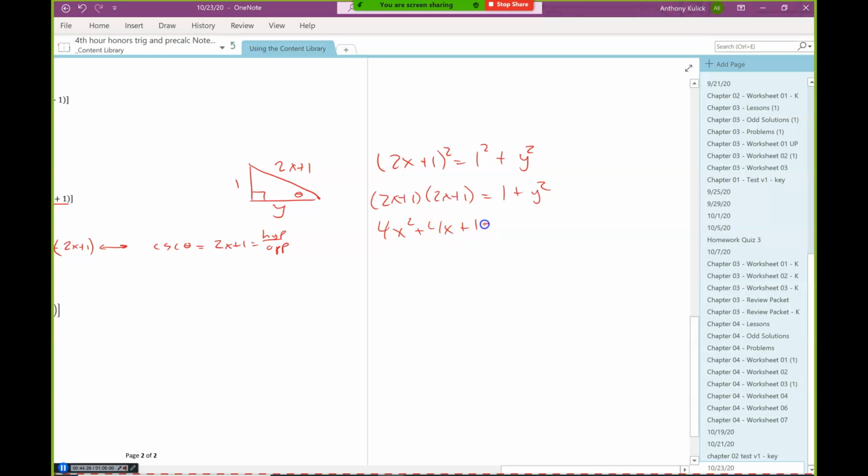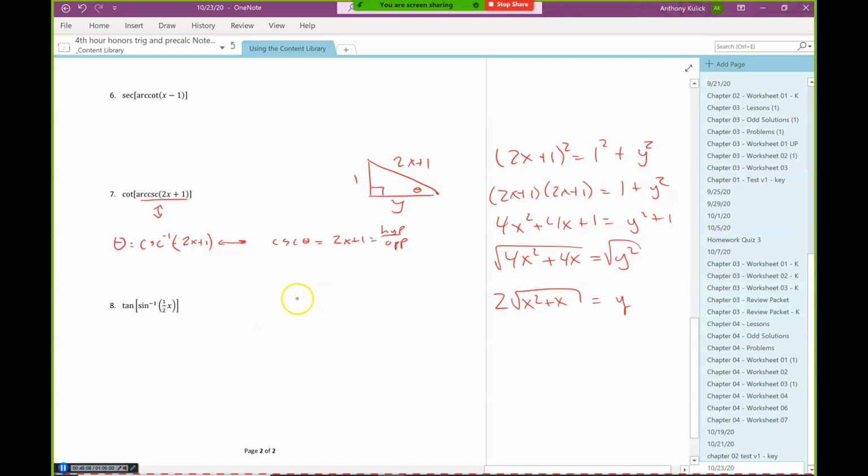So that's going to give me 2 root x squared plus x is equal to y. And cotangent theta is adjacent over opposite. So that's going to be 2 square root x squared plus x over 1.